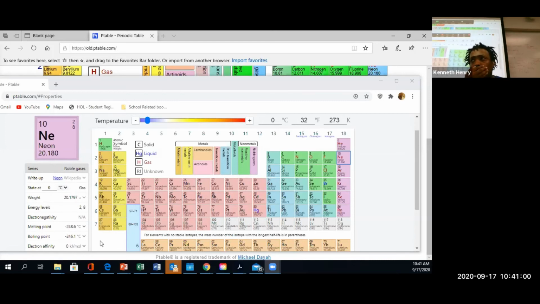So for instance, if I ask you to find palladium, can you tell me what group it's in, which period it's in, its atomic number, and what type of element it is? I'll type it out.